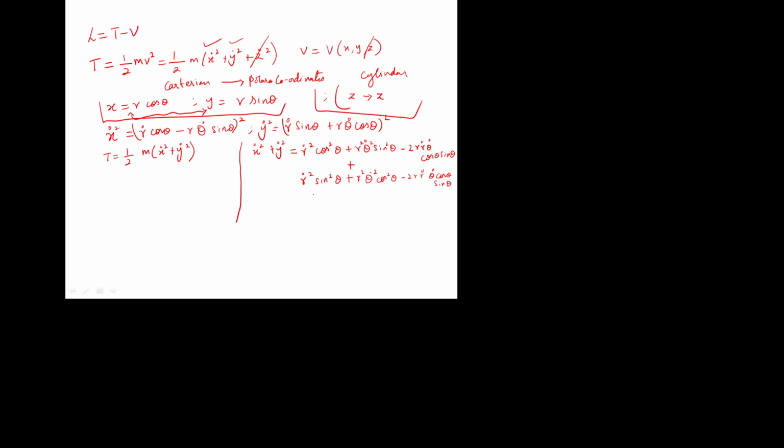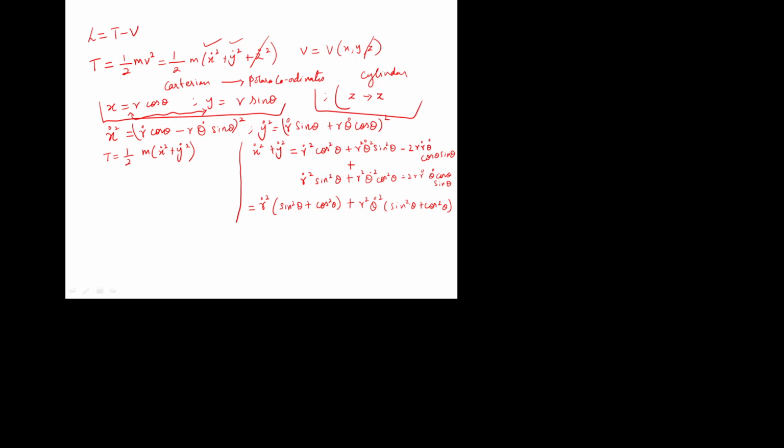Once you take r dot squared common, you find sin squared theta plus cos squared theta, and likewise for r squared theta dot squared.